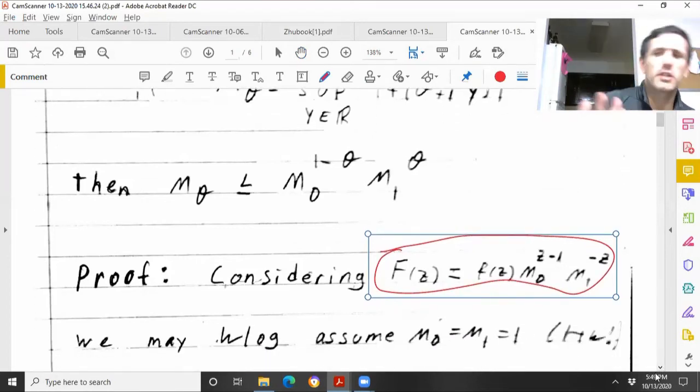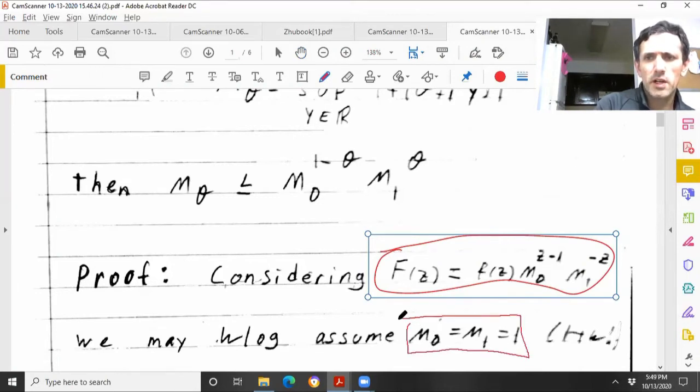This reduction is homework: if you can prove it in this case, then considering big F in general applied to this case, you get the general result.